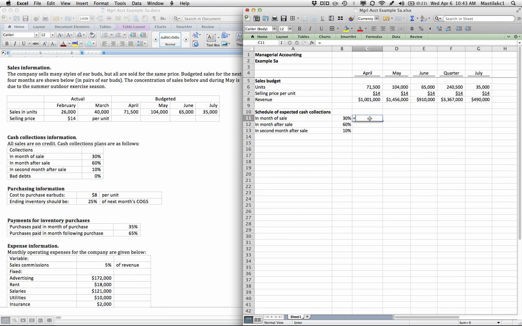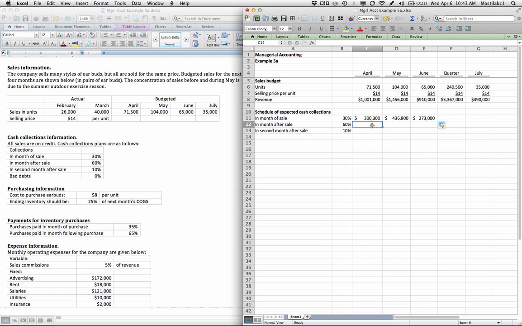In each month, we expect to collect 30% of what we sell. So in April, we're going to collect 30% of April's sales. We can drag those across, and we can see that in each month we're going to collect 30% of its own sales.